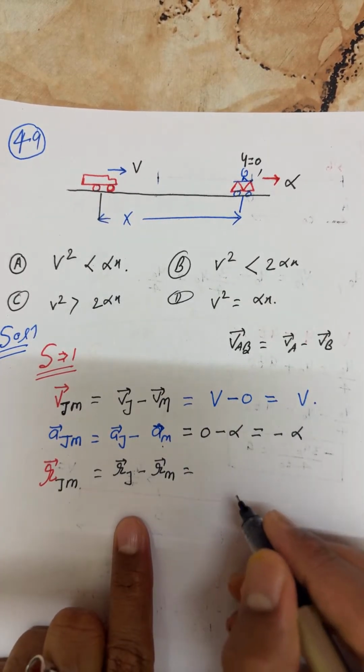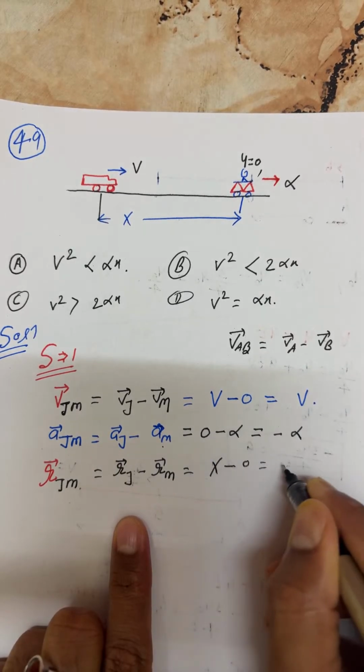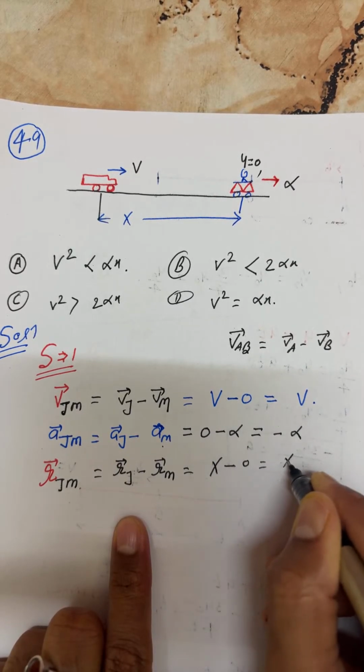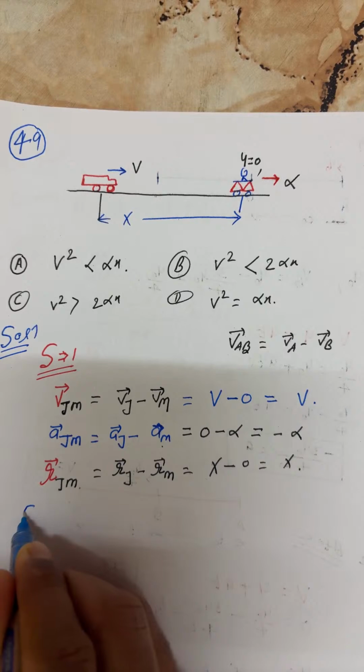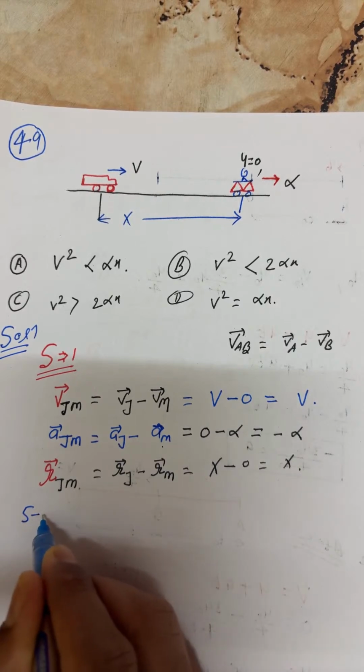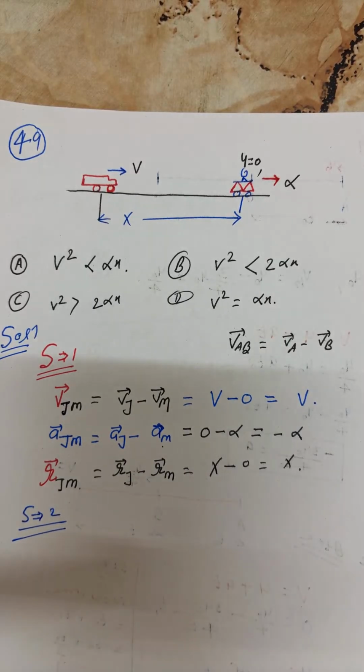So you can say x minus 0, which is nothing, so it remains x. Now we can apply the further formula, because acceleration is constant, we got the relative velocity vector. Now further, I'm going to solve step 2 of this question.